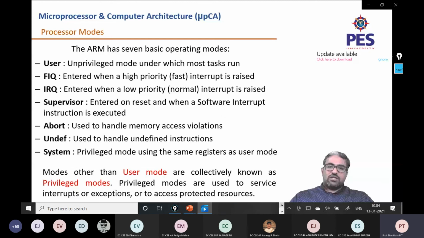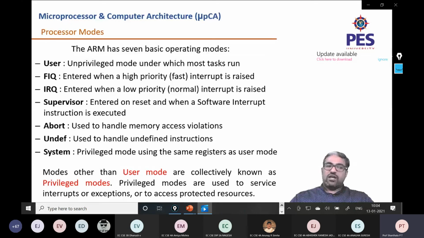If the user program is executing and an IRQ comes for execution, then the user program will give a chance to the low priority program. If the low priority program is executing and the high priority program comes, the low priority program will give a chance to the higher priority program.